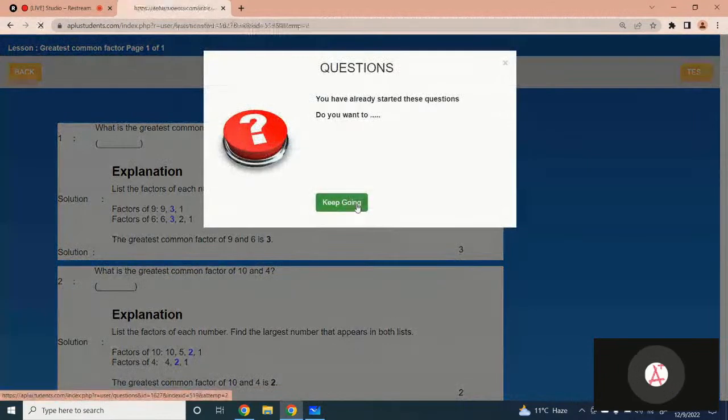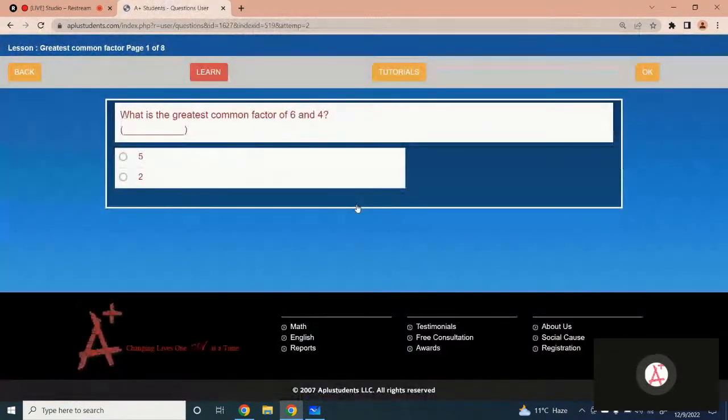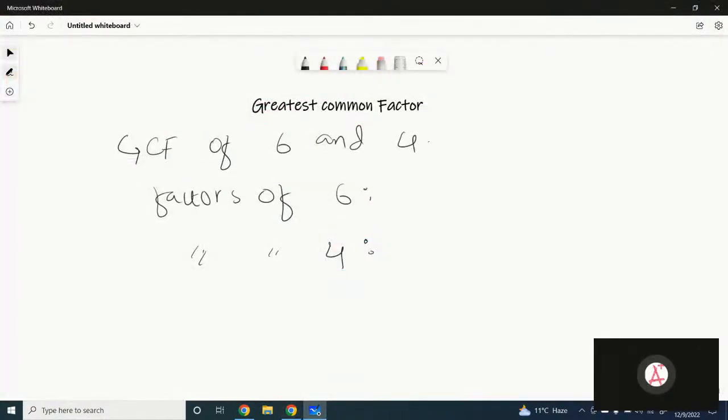Factors are the numbers that when multiplied make the given number. Which two numbers when multiplied make 6? 3 times 2 makes 6, and the number and 1 itself, 6 times 1 is 6. Do we have other factors of 6? 1 and the number itself are factors of every number.